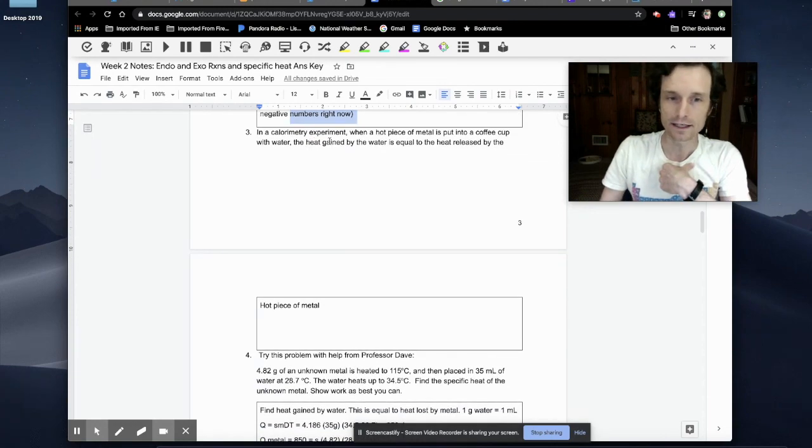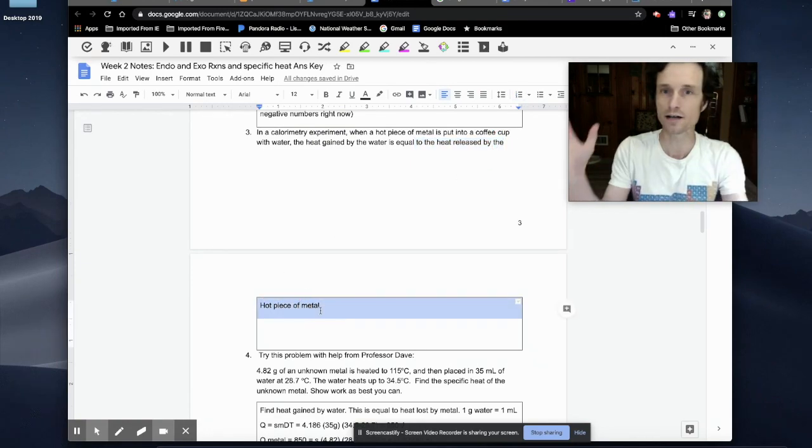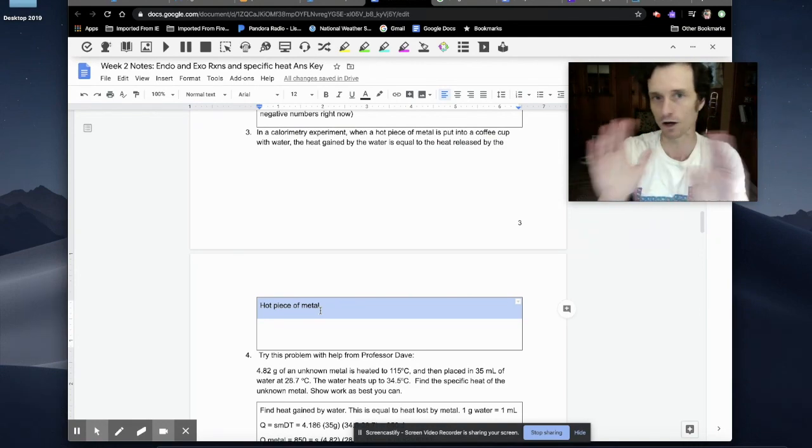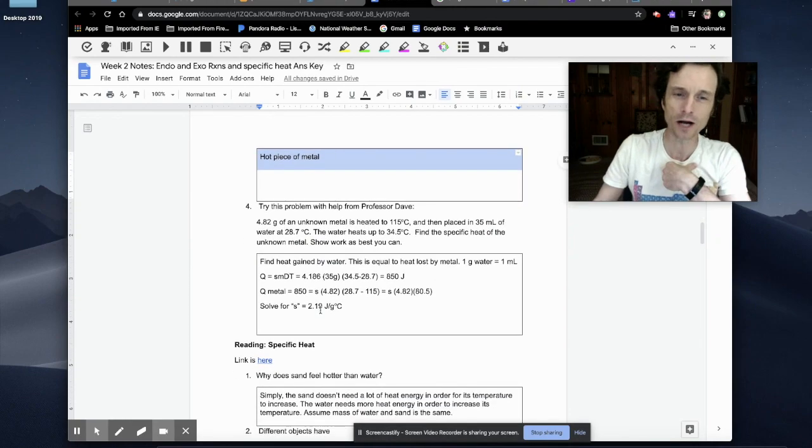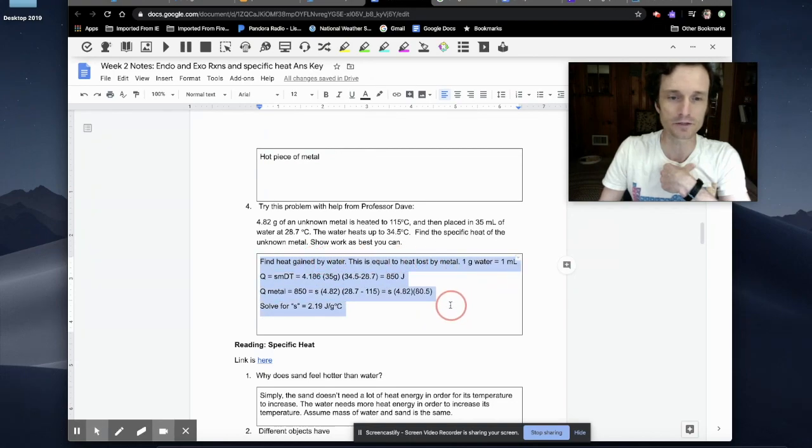The heat gained by the water is equal to the heat released or lost by the hot piece of metal. So we assume that there's no loss anywhere else. It's just from the metal to the water. That's it. The problem here is, again, probably not enough time after the wonderful elevator music. But basically, it's just plug and chug, as they say.